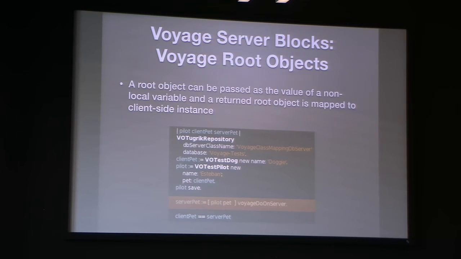Now, this is not GemStone magic, this is Voyage magic. Voyage has the object IDs that you saw earlier, and they are used to synchronize with the client as well, so you can maintain identity. If you have a copy of that object on your client, then Voyage will guarantee identity.